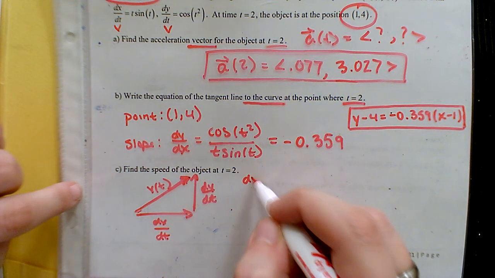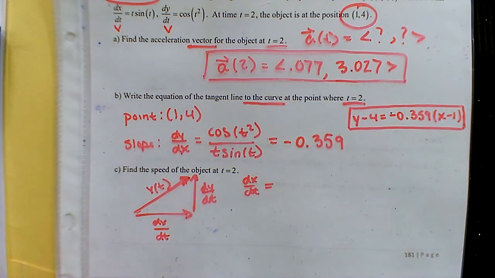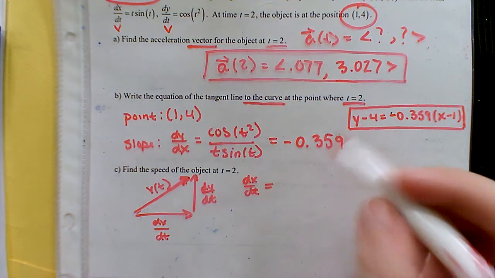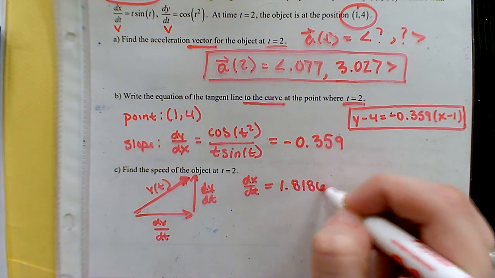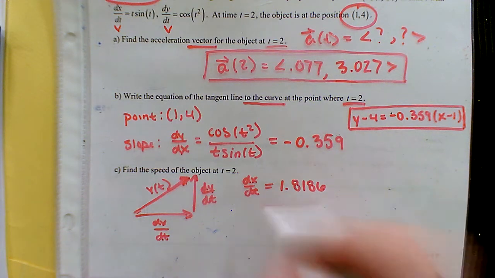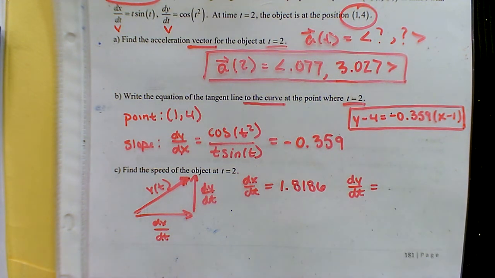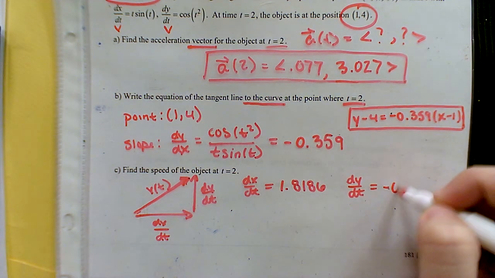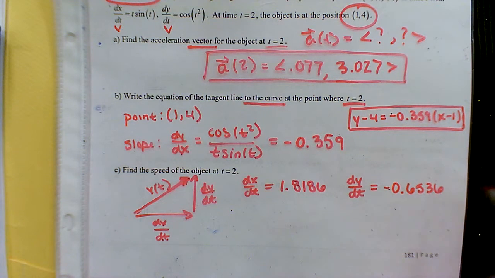So the x speed at 2, 1.8186, and then the y speed at 2, negative 0.6536.